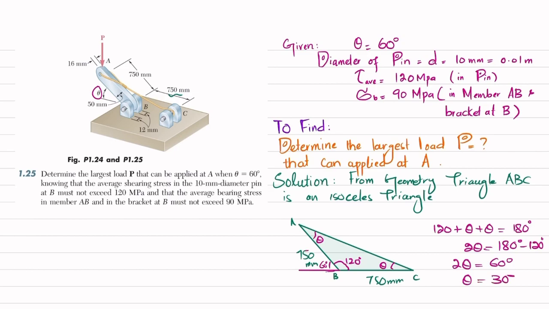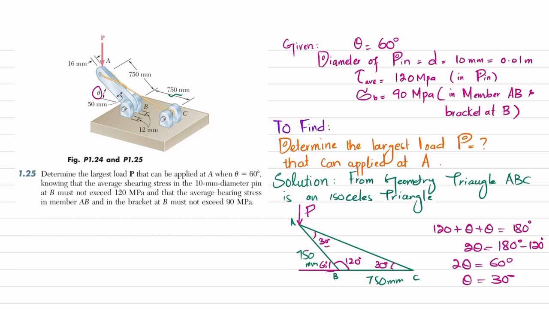So this theta is equal to 30 degrees, and this will also be 30 degrees. Here you have a point load of P, which we have to find. From this isosceles triangle, we came to know that this angle is 30 and this is also 30.